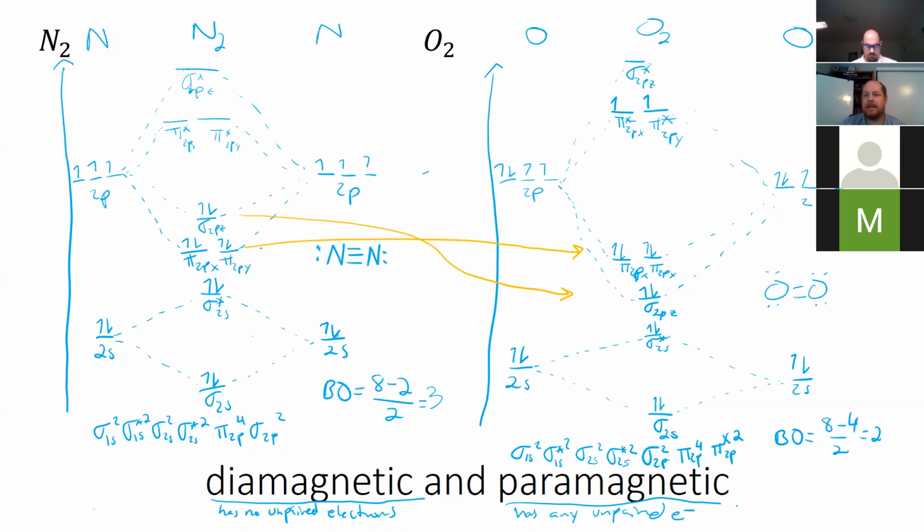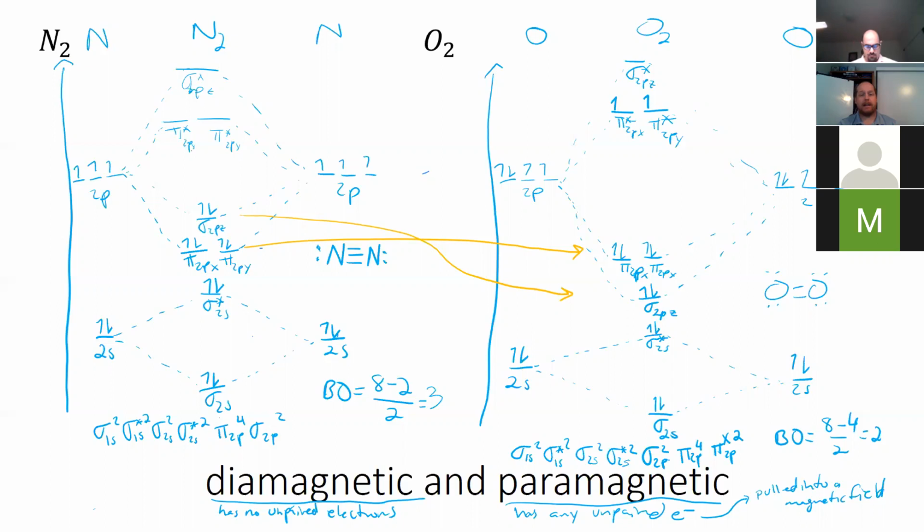it's considered paramagnetic, and basically it shows that it's attracted to a magnetic field, or pulled into a magnetic field. And so essentially the thing that's paramagnetic has these unpaired electrons that interact with magnetic fields.